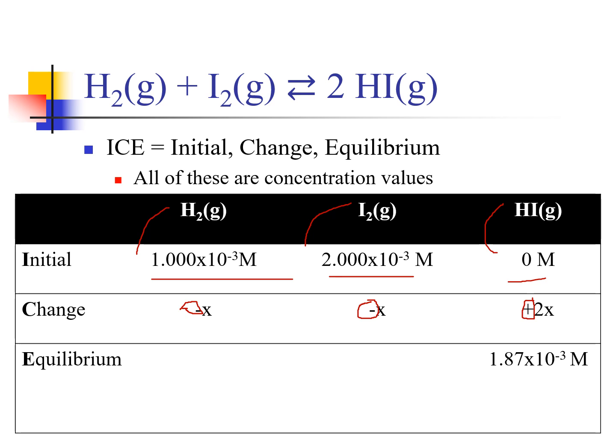The H2 is a single x, and the iodine is a single x, because they both have a coefficient of 1. The HI has a coefficient of 2. That's why the HI has a 2x. So in the change, it's going to be plus or minus various x's: 1x, 2x, 3x, 4x, whatever the coefficient is from the balanced equation. And finally, we know the equilibrium concentration of HI, so I can put that right there.